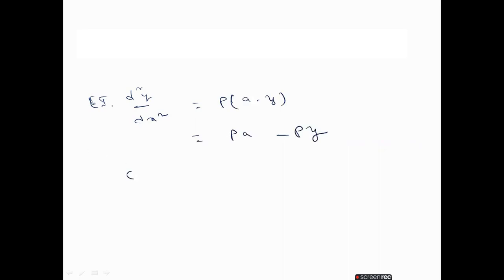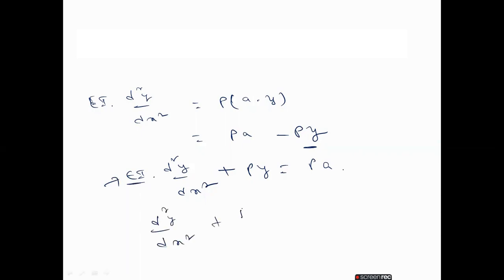Then what happens? EI into d square y by dx square. If you send this to the left side, it changes the sign, so plus PY equals Pa. Then if I divide the entire equation by EI, we get d square y by dx square plus P by EI into y equals P by EI into a.